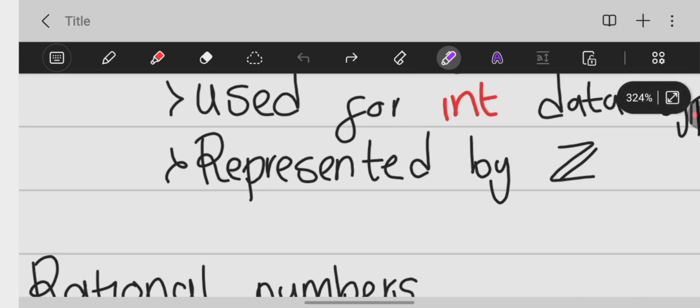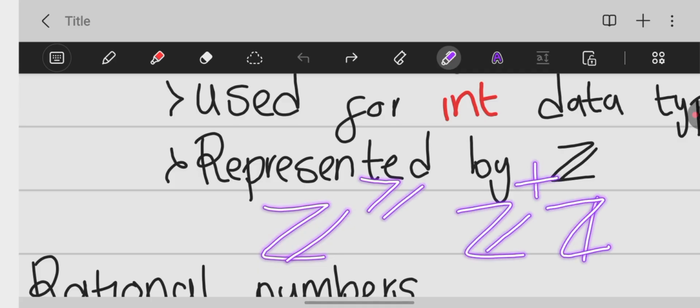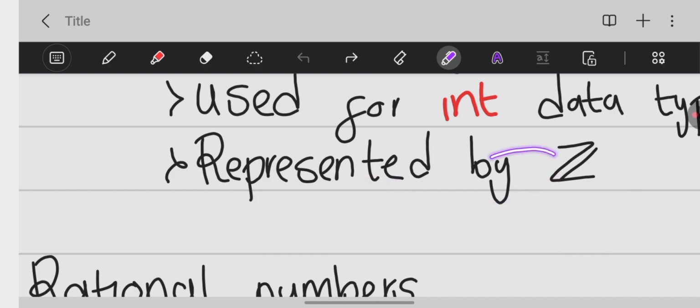Some textbooks have your Z and then greater than or equal to, or you have Z positive like that, or Z negative. I would think with the one that's positive, you're basically stating that you're starting from maybe 1 up to positive infinity, which you would just say is natural numbers.